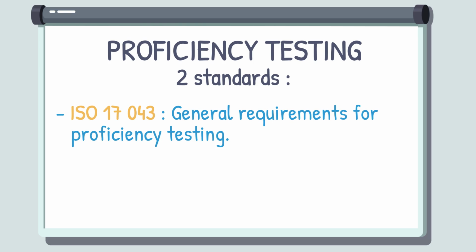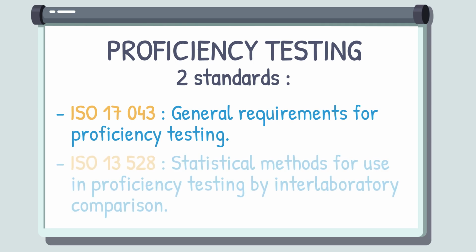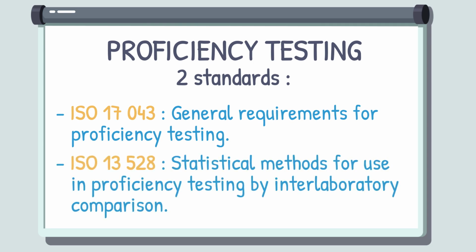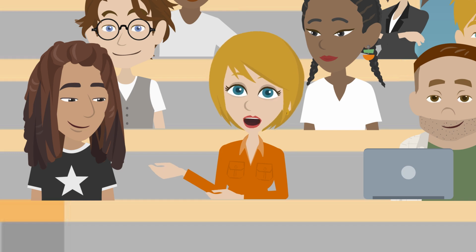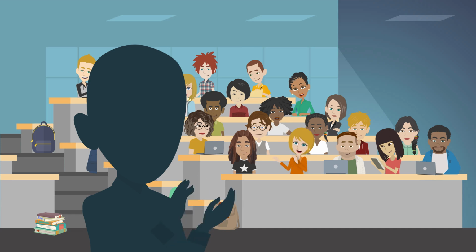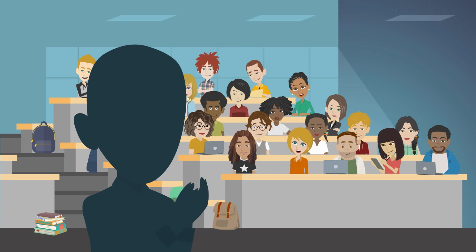ISO 17043, General Requirements for Proficiency Testing, and ISO 13528, Statistical Methods for Use in Proficiency Testing by Interlaboratory Comparison. The laboratories compared report their results in the same way they would to their customers. The purpose is to compare the laboratories assessing their proficiency. Very good, Adele. I see that your internship at BPA has been well understood.